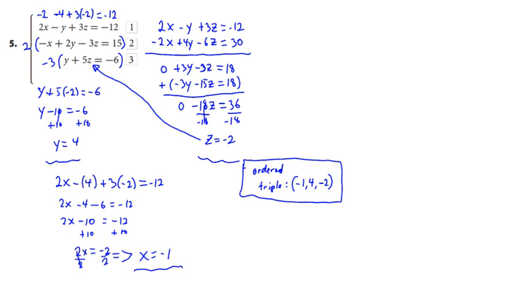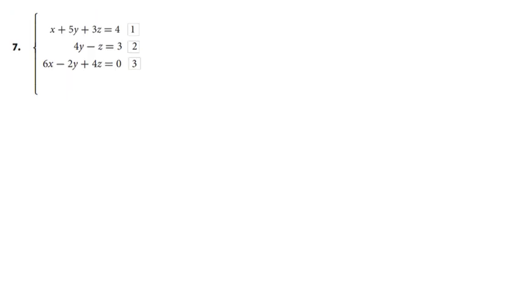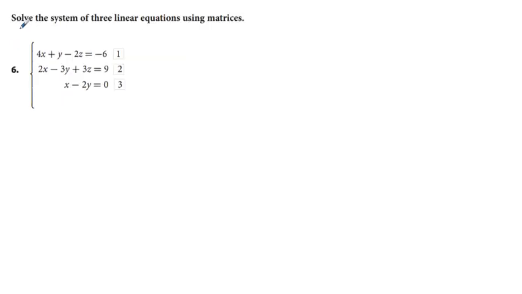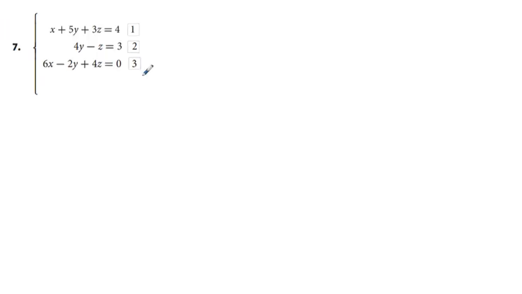Okay, the last one we're going to do in this exercise set says solve the system of 3 linear equations using matrices. And so we have this system of equations, and we're going to convert this to matrices. And to do that, we just change the numbers in the system to, well, just numbers. So we have 1x plus 5y plus 3z equals 4.